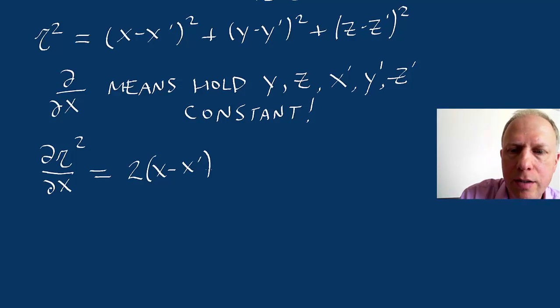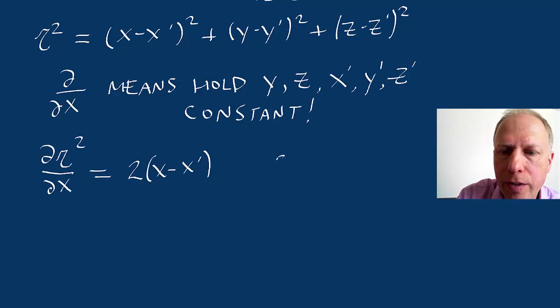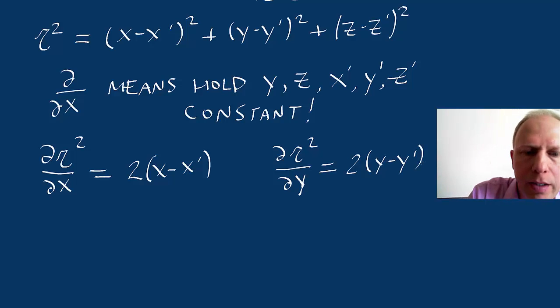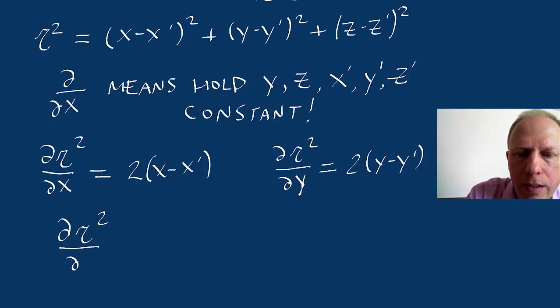Similarly, the partial derivative of script r squared with respect to y is 2 y minus y prime, and the partial with respect to z is 2 z minus z prime.